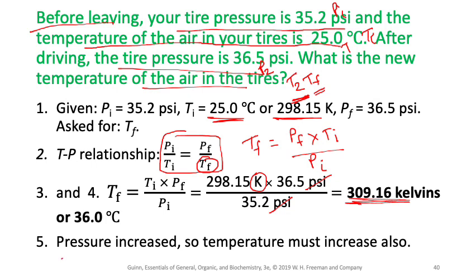And in the problem, the pressure increases from 35 to 36.5, so the temperature has to increase, because according to the law they are directly related to each other. So that's why the final temperature is higher compared to the initial one, which is 298.